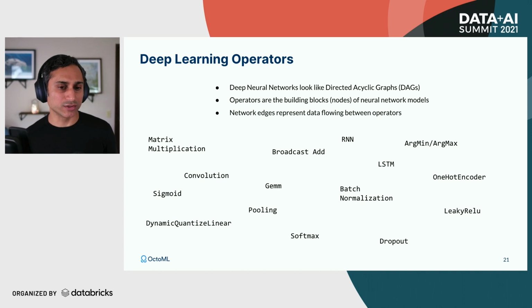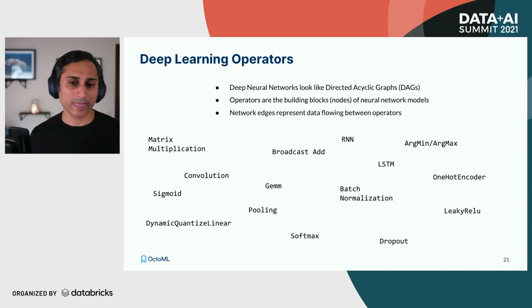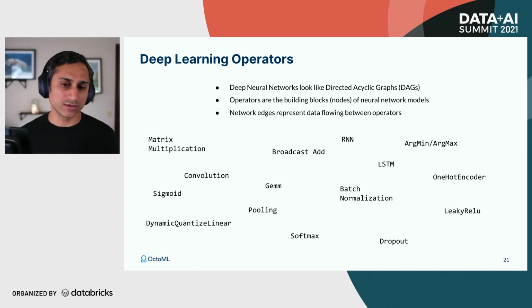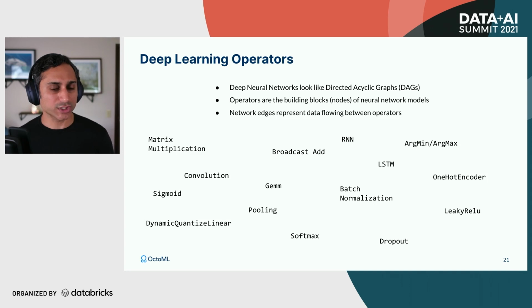These operators and nodes, you should also keep in mind, are abstract, hardware independent, and language independent APIs. So, you know, they're hardware agnostic, and when you create a neural network DAG, it's not necessarily aware of the backend hardware it's going to run on. And one of the things TVM will do is a bunch of optimizations to this agnostic DAG in order to optimize it specifically for your hardware backend.